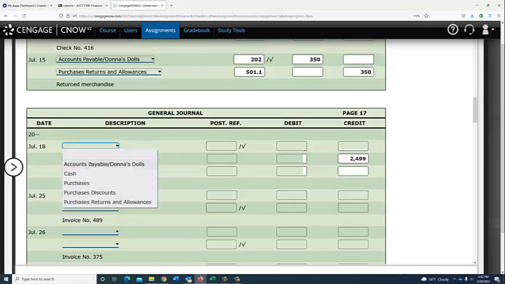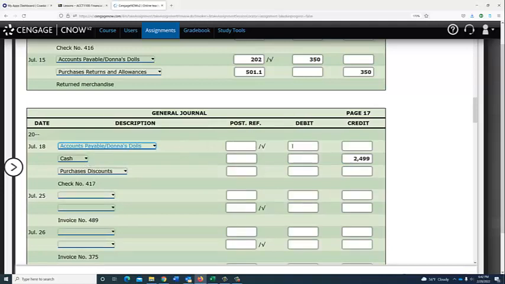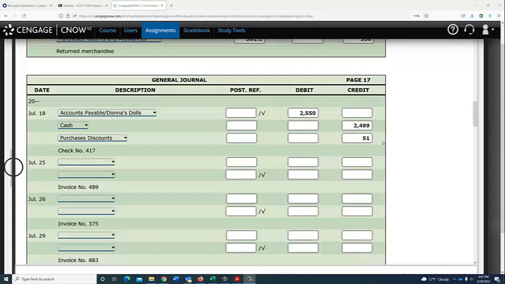And accounts payable, we'll need to clear her accounts payable completely out. I think it was $25.50, and then the purchase discount was $51. Make sure that balances, and it does. Okay. So now we'll post to accounts payable and then to Donna's account.